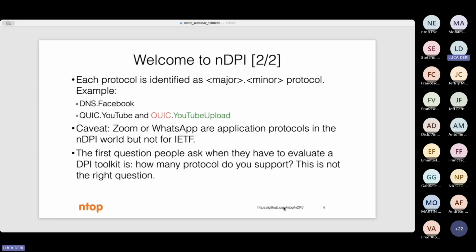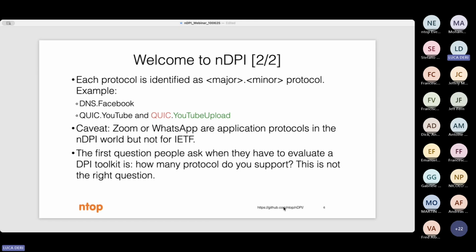In nDPI, the main idea, okay, is to detect protocols. So it means that we have to characterize a certain traffic, encrypted or not encrypted, doesn't matter, into two things: major and minor protocol, or if you wish, major and application protocol. And the major protocol is basically the network protocol used on top of IP.